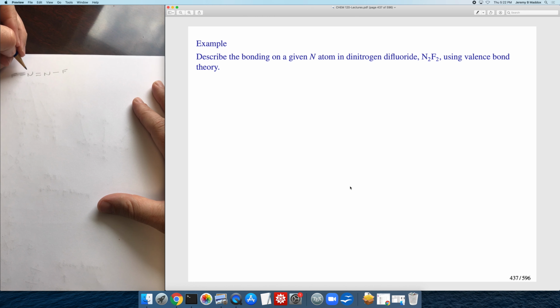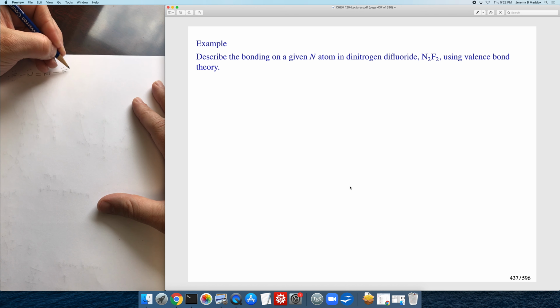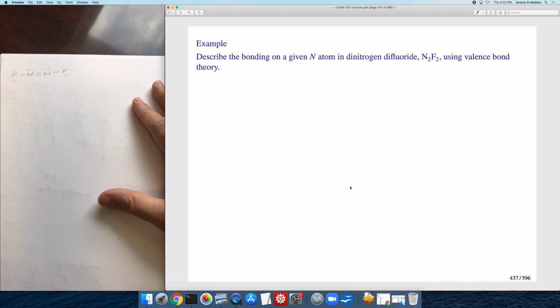Like so. And then we're going to have lone pairs on each nitrogen, and then we're going to have lone pairs, of course, on the fluorines. So each nitrogen here, notice that there's 1, 2, 3 electron pairs with respect to the VSEPR structure.